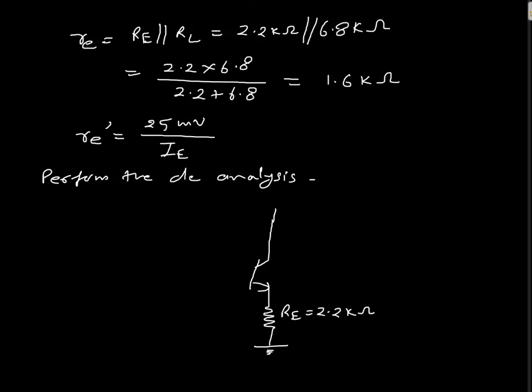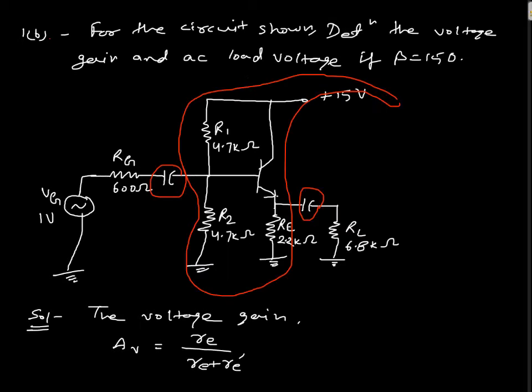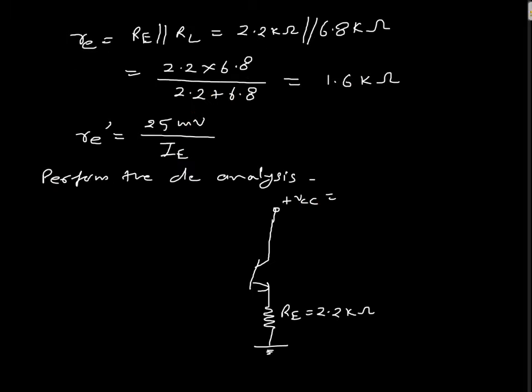This is the plus VCC. The value of VCC is given as 15 volt. Then R1 and R2, both are given as 4.7 kilo ohm.